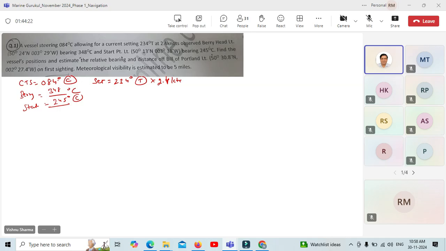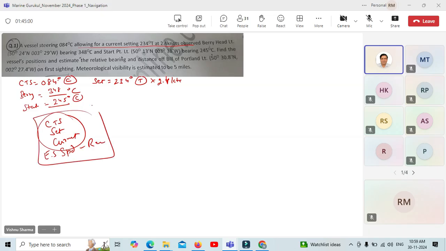Okay, guys, now you see here, allowing for this current. So CTS is known, set is known, current is known. Now you will get the speed from engine speed from remarks. So you'll have four elements.